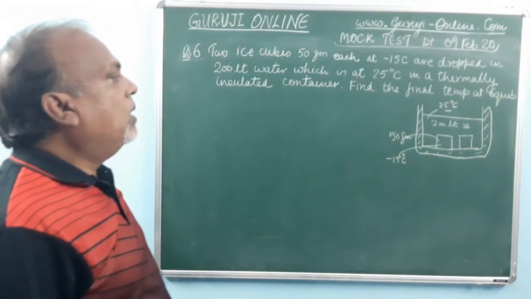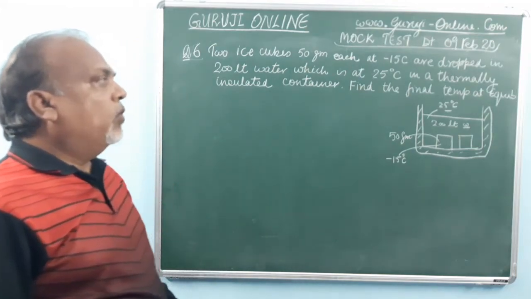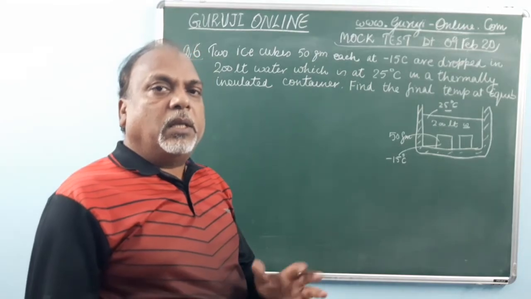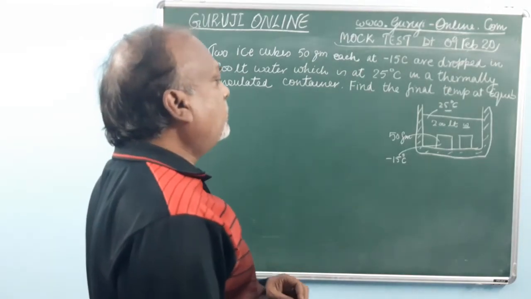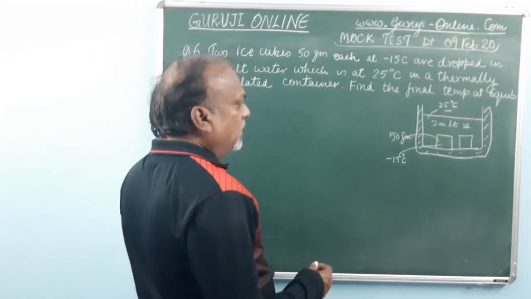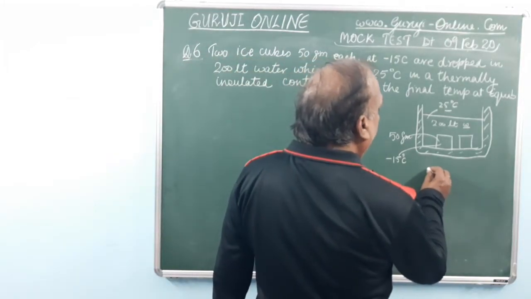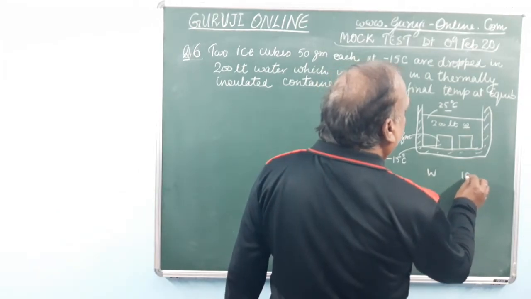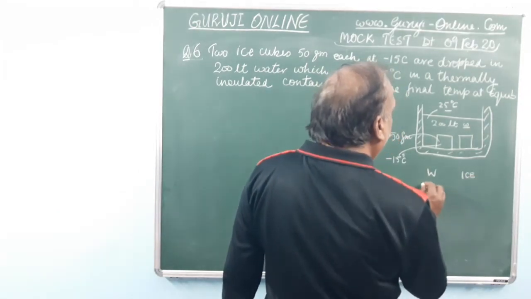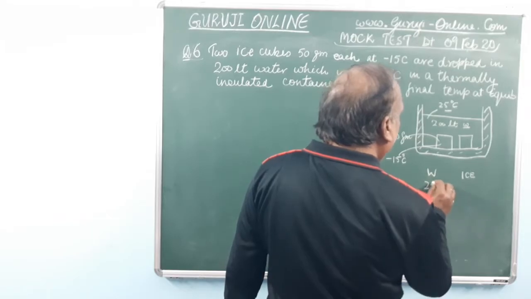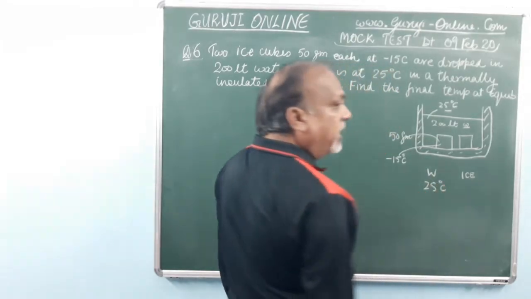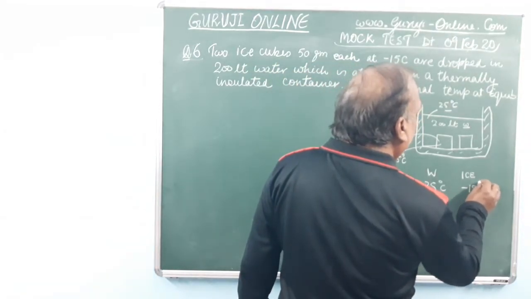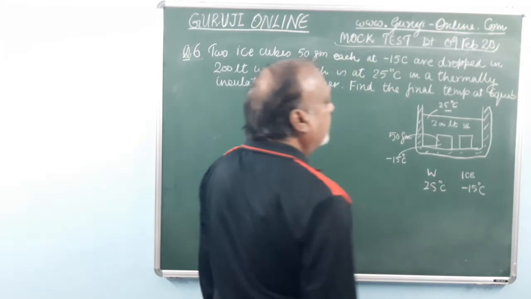Now we have to find out what will be the final temperature at thermal equilibrium. So in this, water is there and ice is there. This is initially at 25 degrees centigrade, and this is initially at minus 15 degree centigrade.